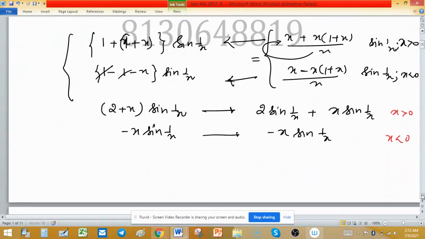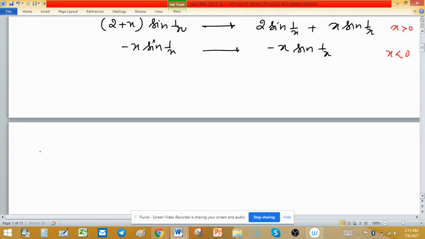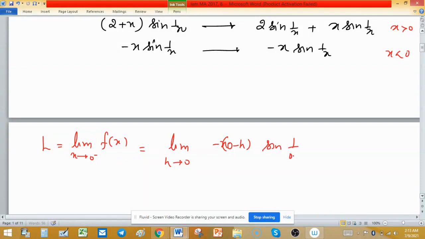Now find the left hand limit and right hand limit for the function. So L will be limit x tends to 0 negative f(x), which will be limit h tends to 0 of minus x, or I can write 0 minus h, sine 1 upon 0 minus h.